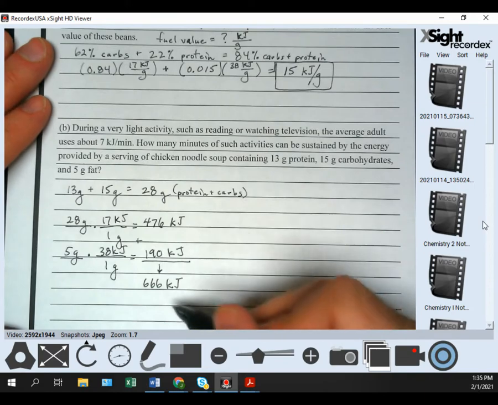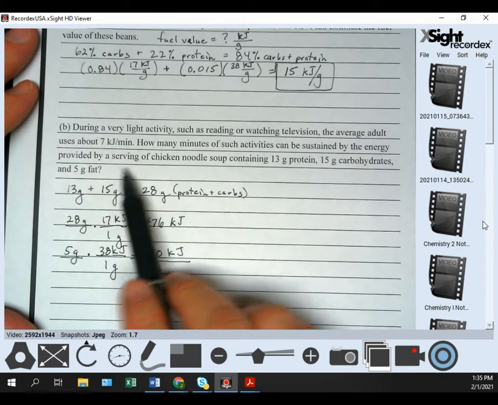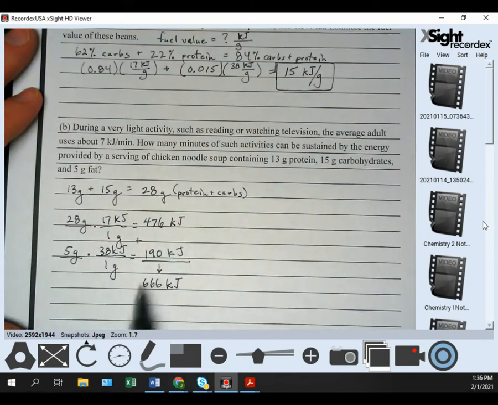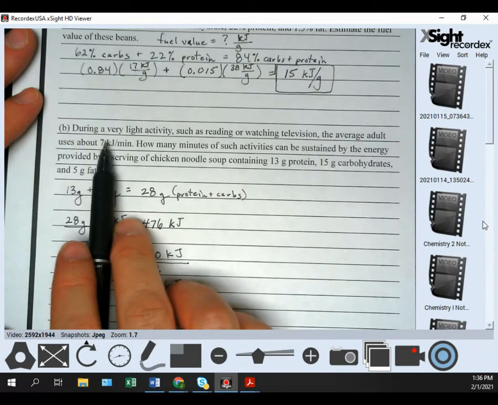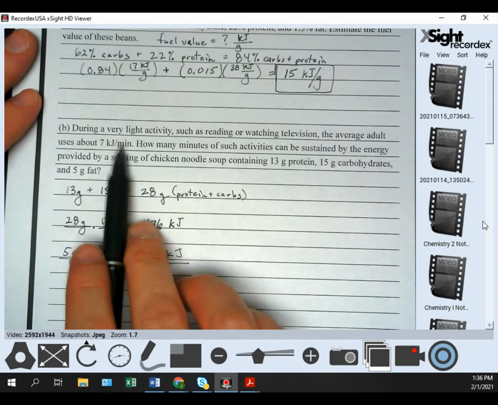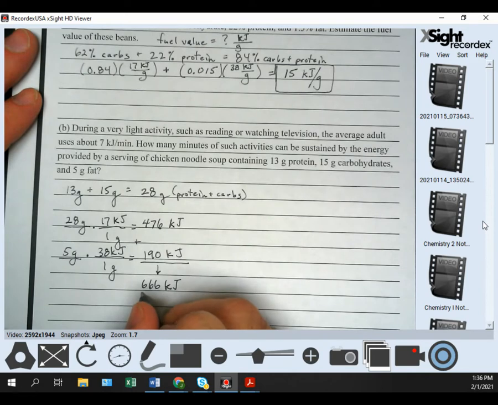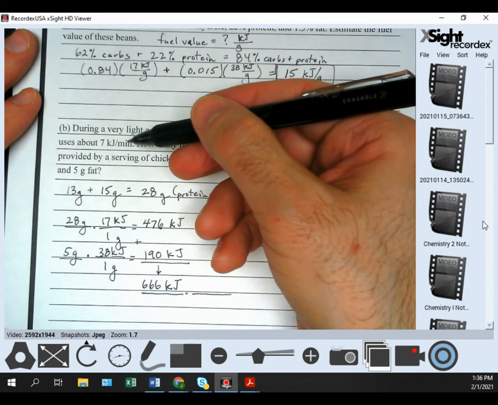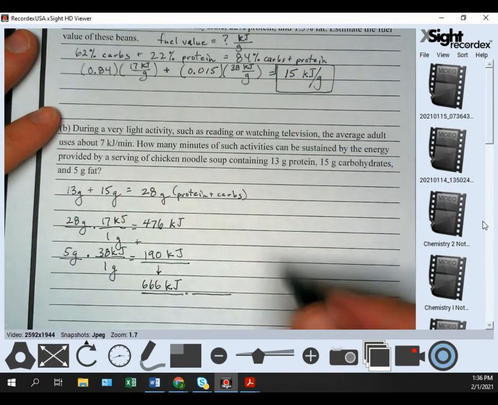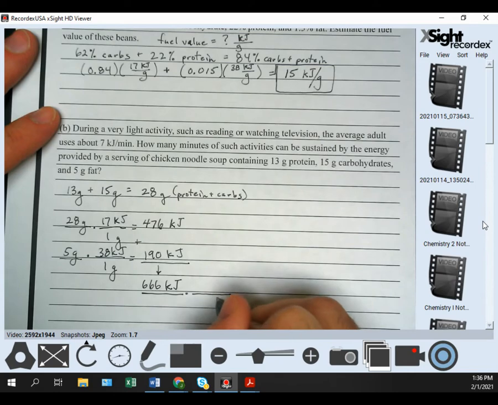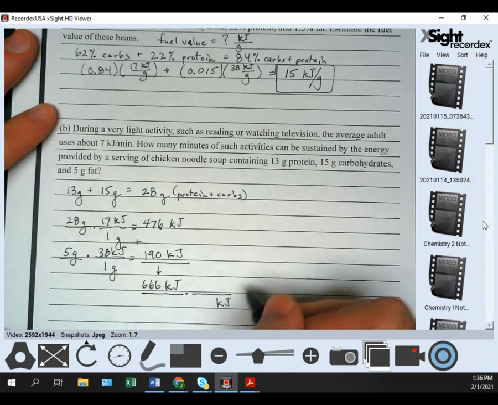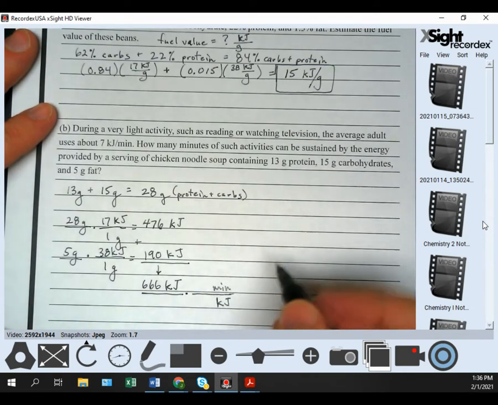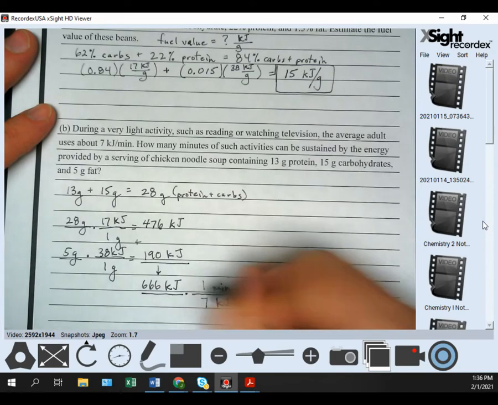Now, this is the kilojoules per serving of chicken noodle soup, right? So we're okay on that. We don't need to do anything else with this, but we've got to figure out how many minutes of light activity this will give us. So we're going to take the kilojoules and use this to convert from kilojoules to minutes of the activity. Kilojoules on the bottom because we're doing dimensional analysis. Kilojoules per minute, and it's 7 kilojoules for every 1 minute of activity.